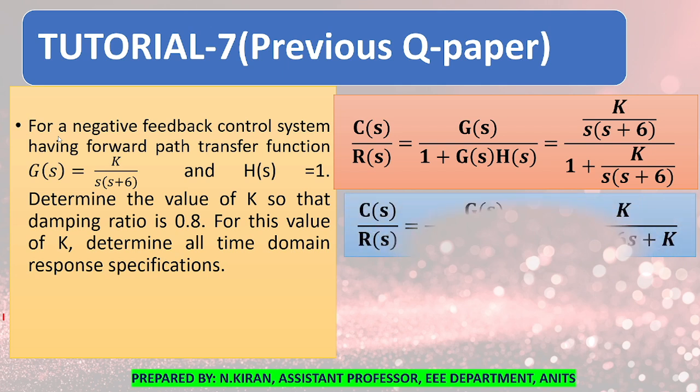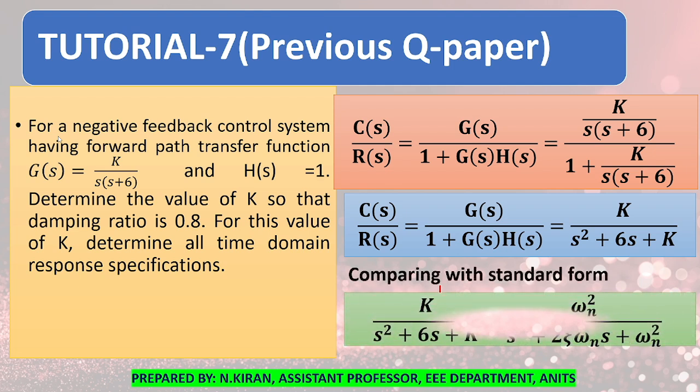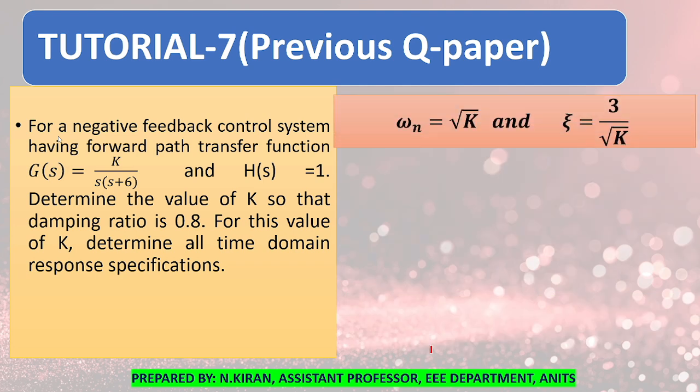That will lead my overall transfer function to be k by s square plus 6s plus k. And comparing this with my standard form, my omega n square will be k and 2 zeta omega n will be 6. So from that, omega n is root k, zeta is 3 by root k.